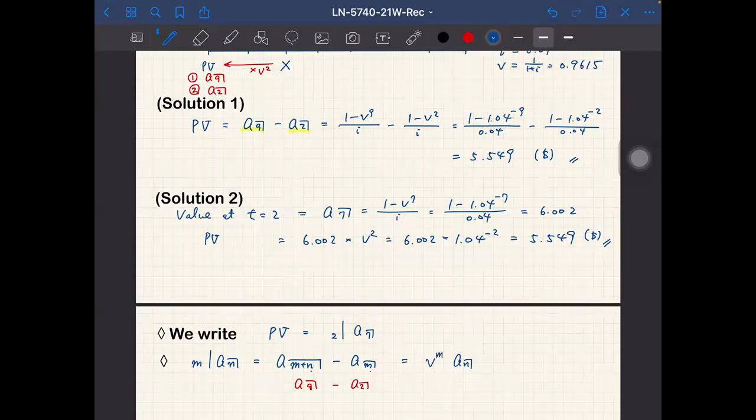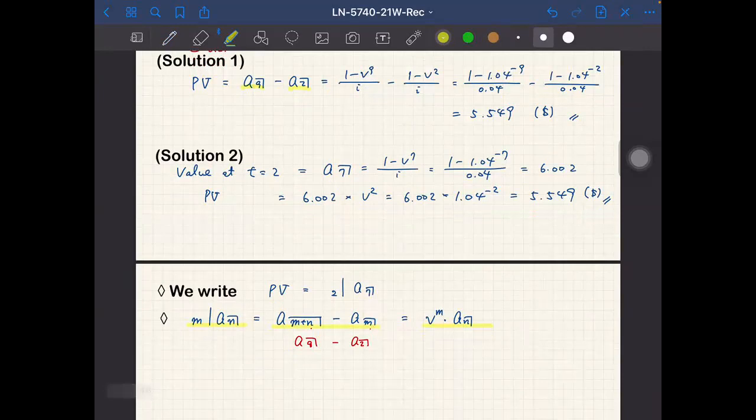So we have the two formulas: m bar a angle n is a angle m plus n minus a angle m, or v to the power m times a angle n. So this is how we can calculate the present value of a deferred annuity.